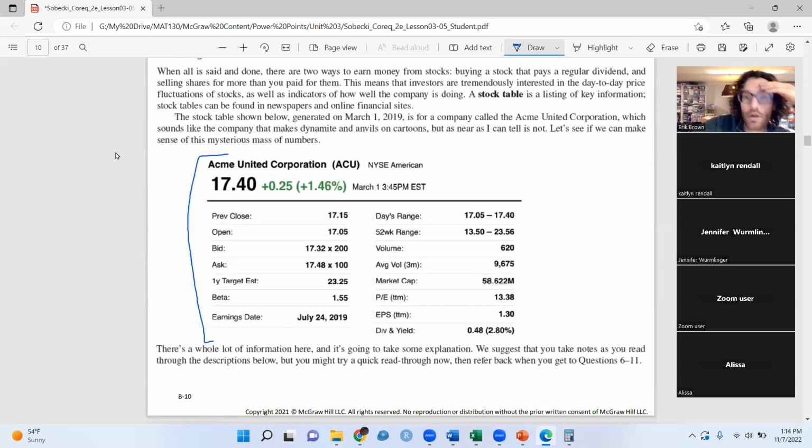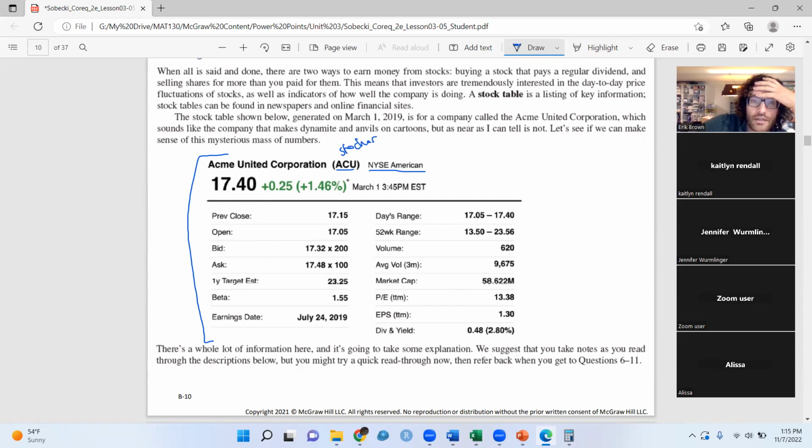Okay, so this is a stock table, and it has a bunch of different information. So first off, here is the exchange where this particular stock is bought and sold. It's the New York Stock Exchange in America. This is the name of the company, Acme United Corporation, I think, right? And this is the stock ticker.